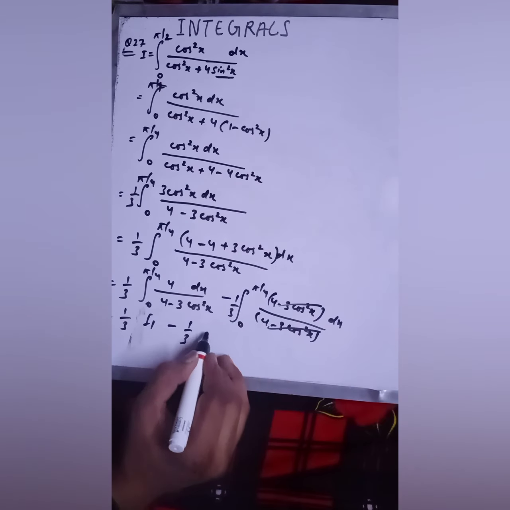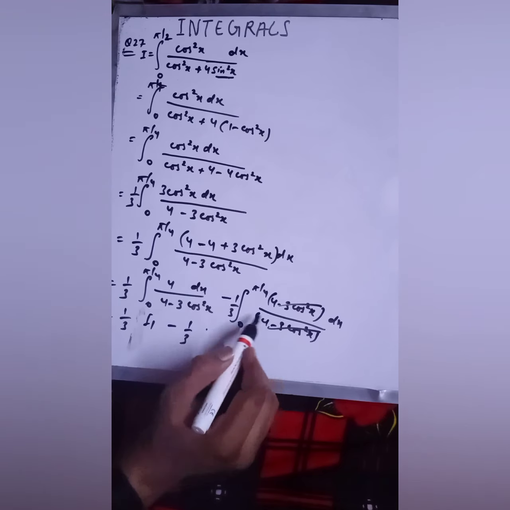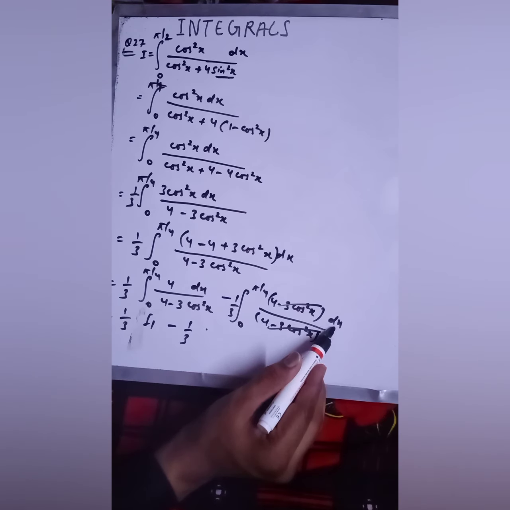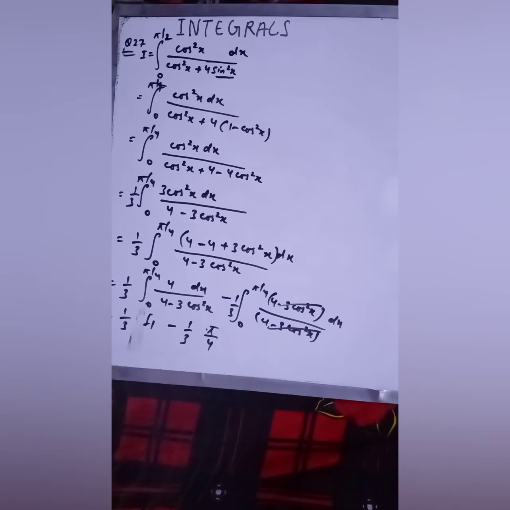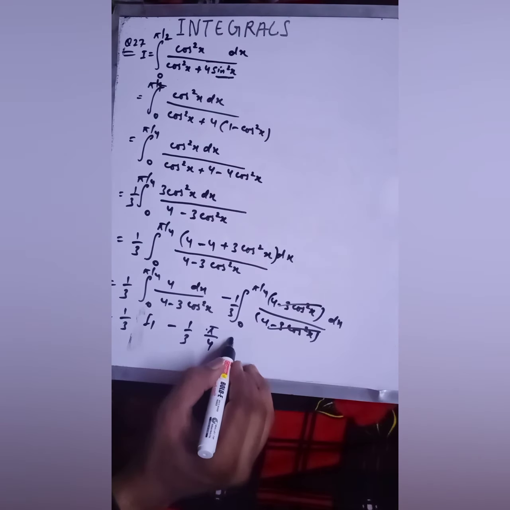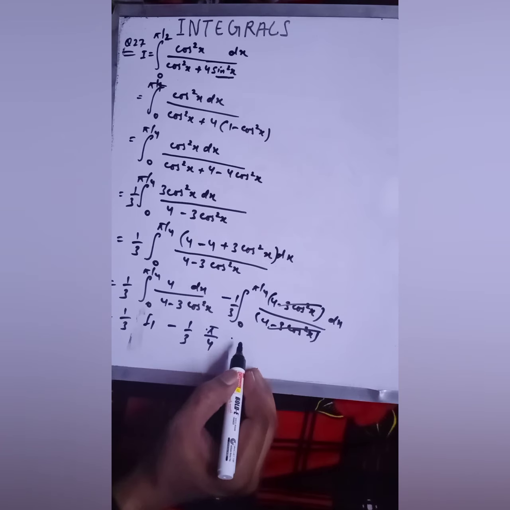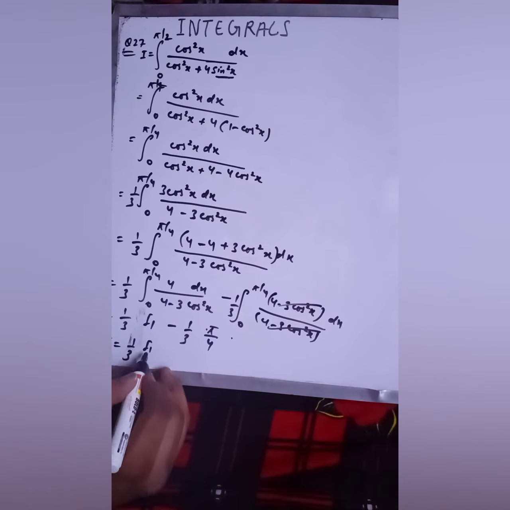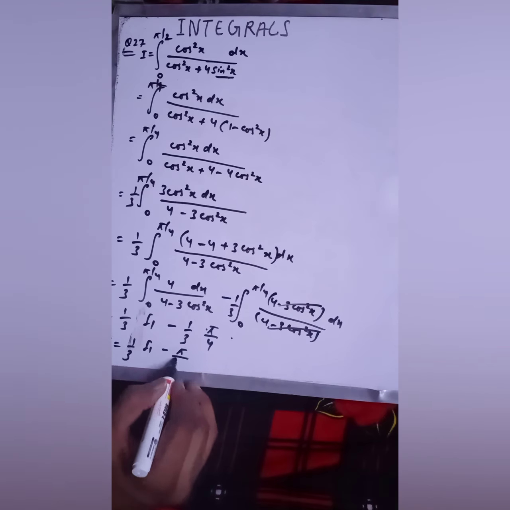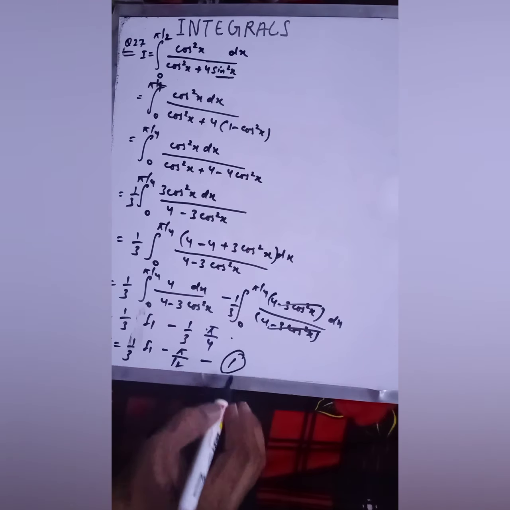So here you are getting x only. Integration of dx will be x. Okay, and side by side I am putting the limit also. So you will get only pi by 4. Fine, children. So your I would be 1 by 3 I1 minus pi by 12. So this is our equation number 1.